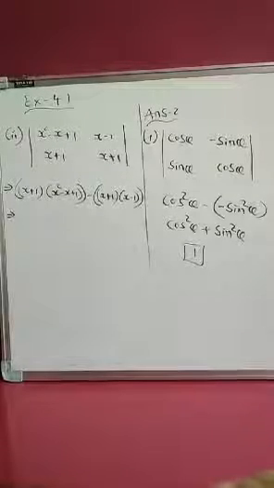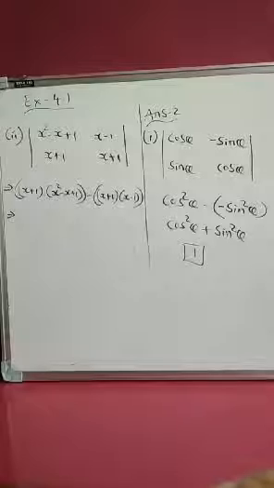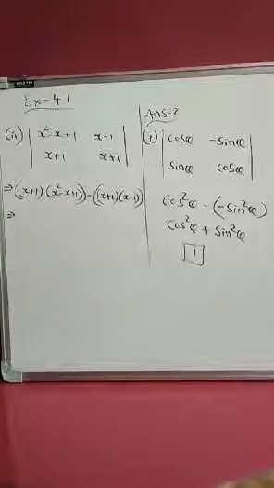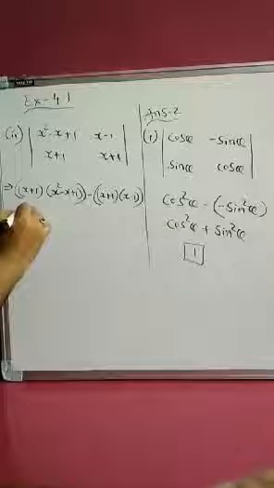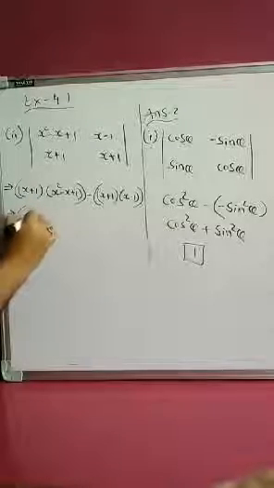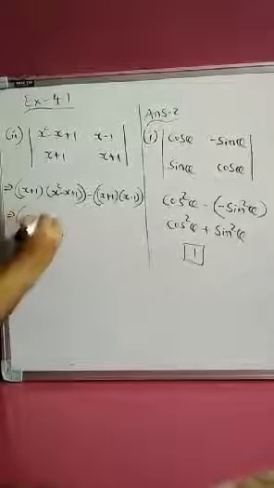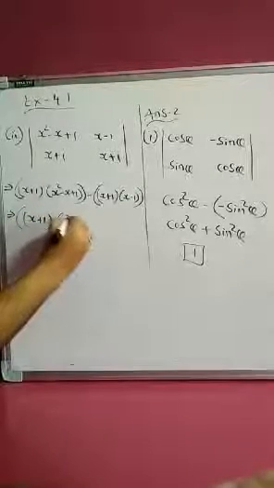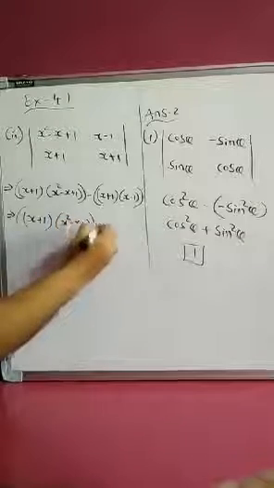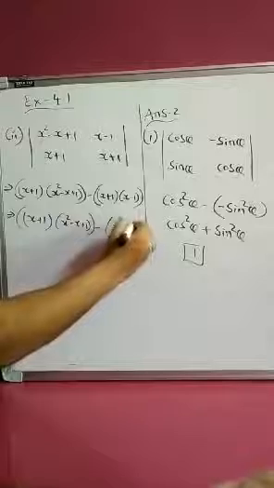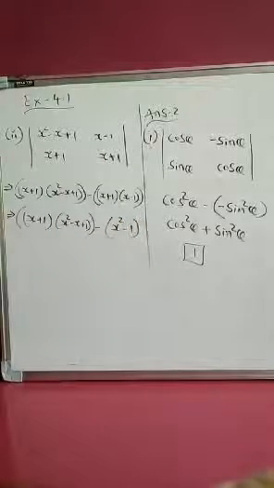Here you can see x plus 1 will be multiplied with x square minus x plus 1. So here we can do one thing: x plus 1 times x square minus x plus 1, and minus a plus b, a minus b, which is a square minus b square.